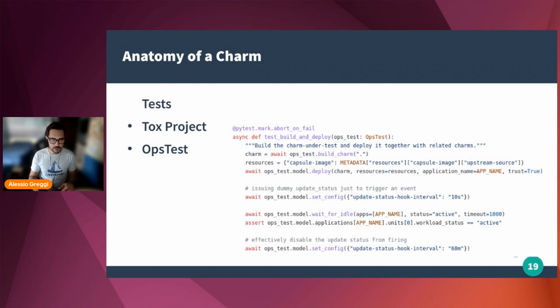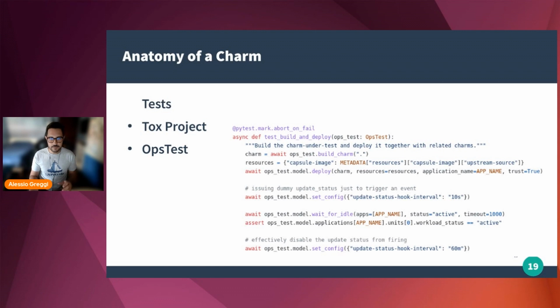So it is really useful, especially when you run it inside a pipeline. But the most important part of the tests is the ops test framework that is developed by Canonical and is used to write a better test for your Charm application.